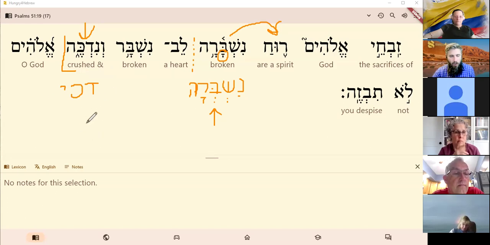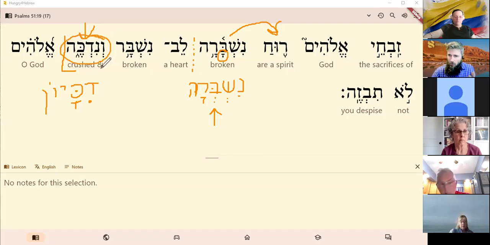In modern Hebrew, we know this word from depression, dikayon. Dikayon is depression. It's like being pressed downward or crushed. So nidke, what binyan is nidke with that nun at the front?